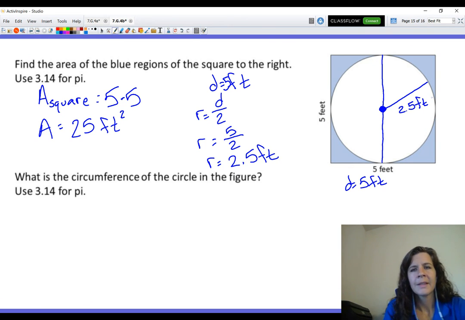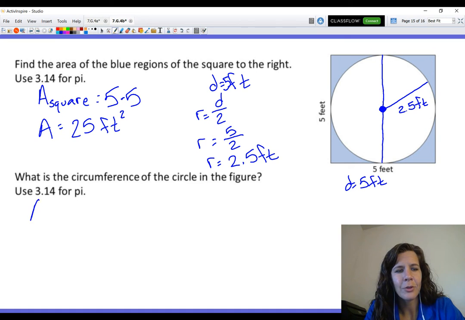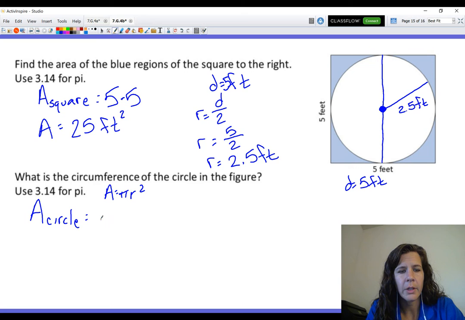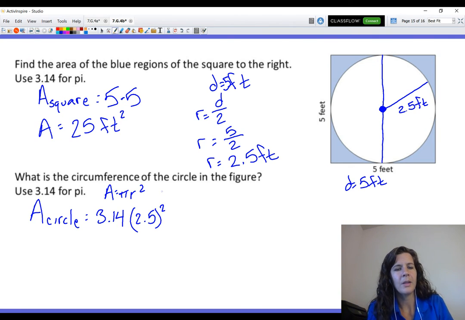Okay, let's find the area of the circle. We know area equals pi times radius squared. So let's plug in what we know. Area equals 3.14 times 2.5 squared. Remember, order of operations tells us we have to do the exponent first.